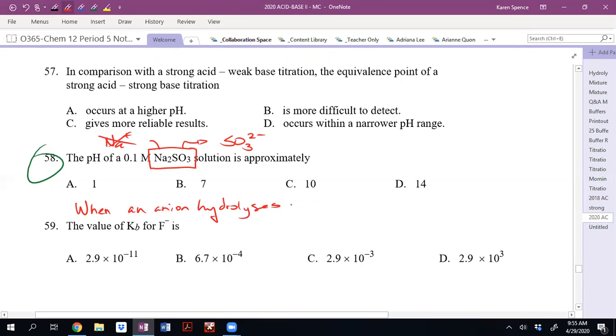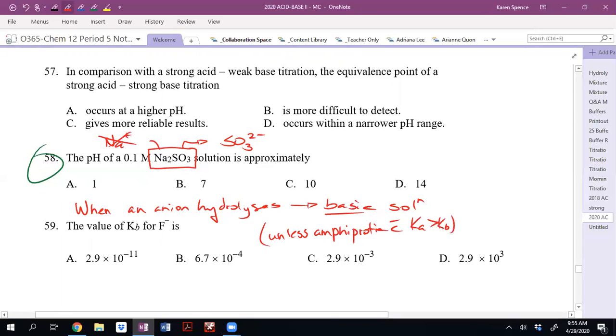And when your anion hydrolyzes, what kind of solution do you get? You get a basic solution, unless it happens to be amphiprotic with Ka greater than Kb.